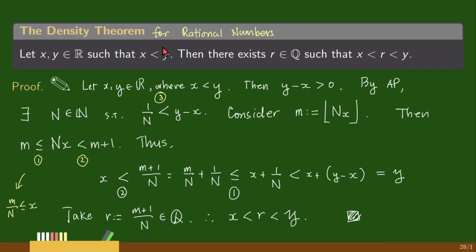We prove it by construction, kasi kinonstruct natin kung paano ginagawa yung R sa pagitan ng X and Y, and it actually worked. Nice, no? Nasundan niyo ba yung proof? Okay. Next na tayo.